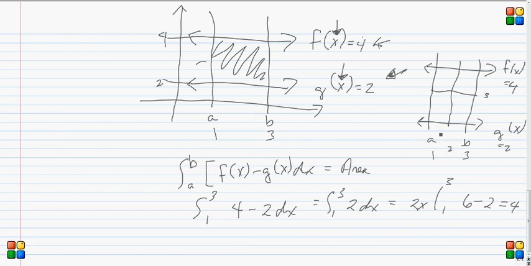That gives us 2 this way, 2 that way, and gives us 1, 2, 3, 4 as the area of the region between f of x and g of x from A to B. And that is what we got, which is 4. Now this is just a real simple example. But the reason I gave it to you is because I want you to be able to understand the basic concept before we go any further.